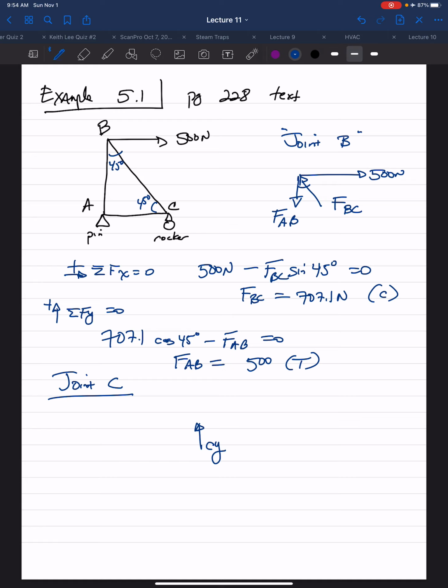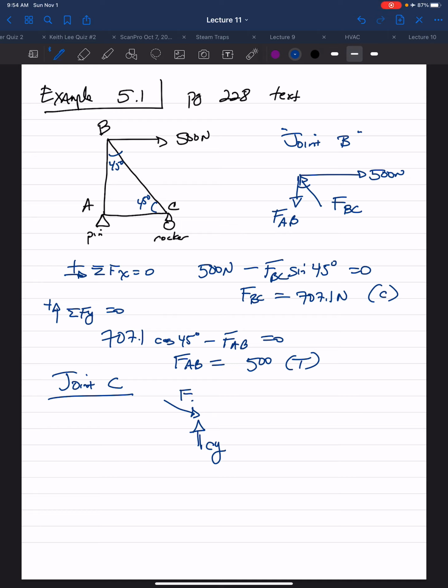We know what BC is, 707.1 newtons. And since the rocker is in the positive Y direction, then BC must be coming down to balance it out.